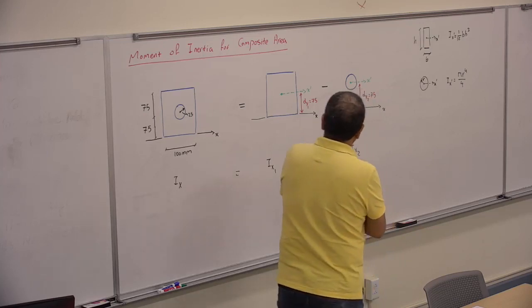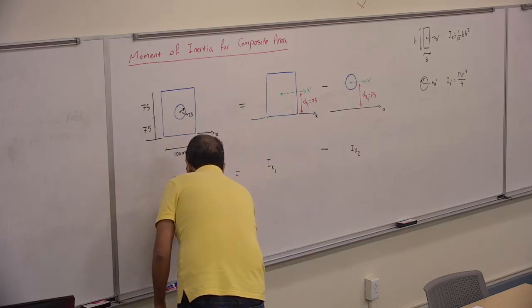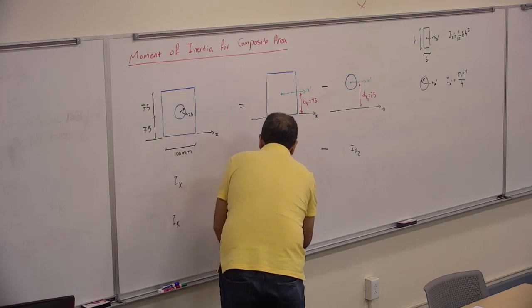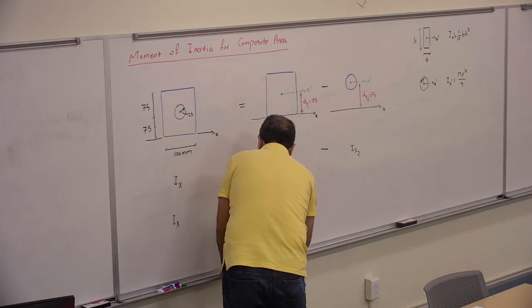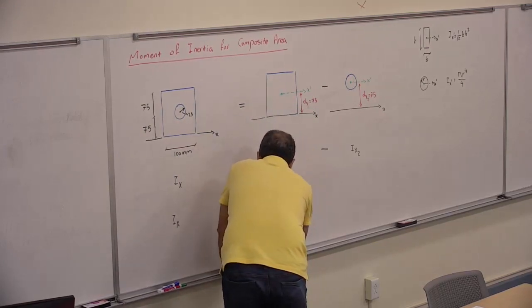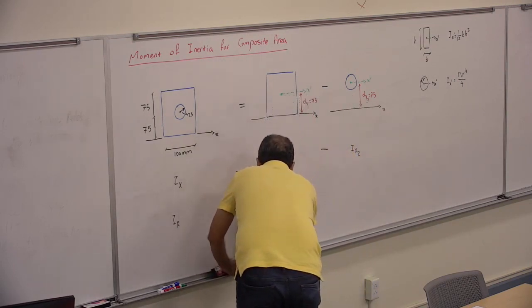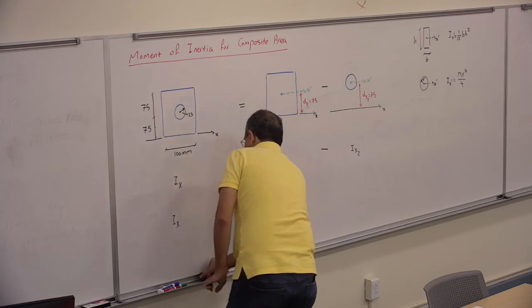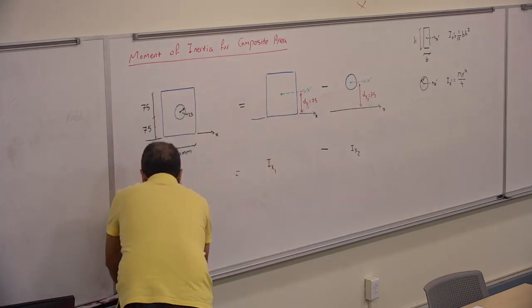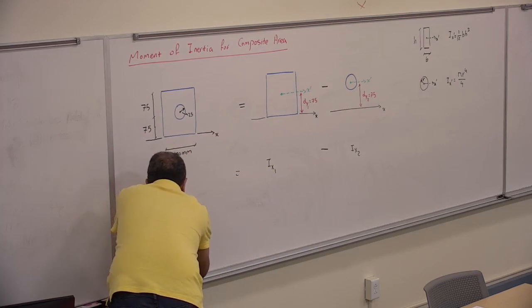Okay. So here, for Ix1, I about x prime 1 plus A1 dy1 squared.